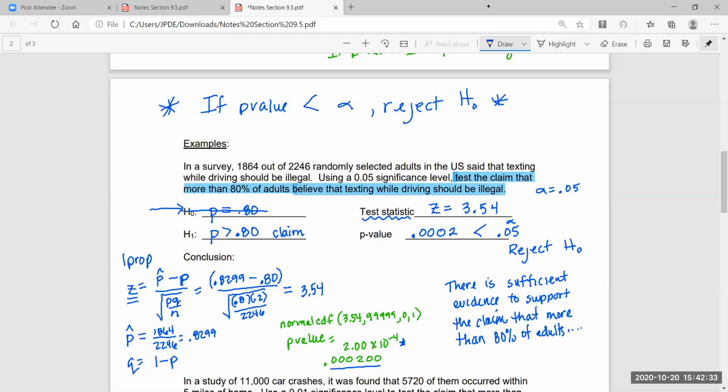So because it's a one proportion, it's going to be a 1 prop Z test. And again, what's nice about that, you're used to one proportion for a confidence interval. That was a 1 prop Z interval. We're doing a hypothesis test. So now we're going to do a 1 prop Z test. Now, I'm just going to pause this for a sec while I pull the calculator up, and I'll show you how we're going to enter this in your calculator.